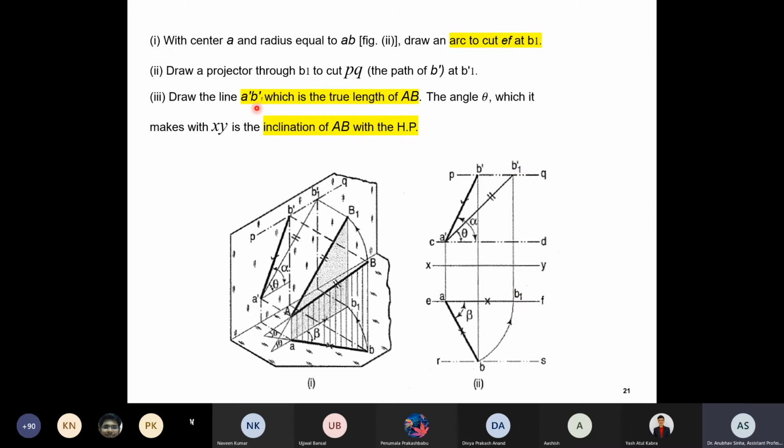Okay. Now draw the line A dash B1 dash. A dash B1 dash. This will give you the true length AB. Okay, and it is at angle theta, which is basically the given angle. This is the angle that this line makes with horizontal plane. Okay, so this is how you can obtain the true length.